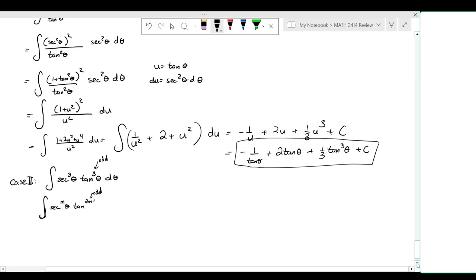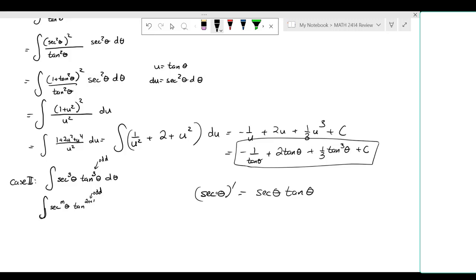And so here, the previous case, we took advantage of the fact that the derivative of tangent is secant squared. Here, instead, we're going to take advantage of the fact that the derivative of secant is secant times tangent.